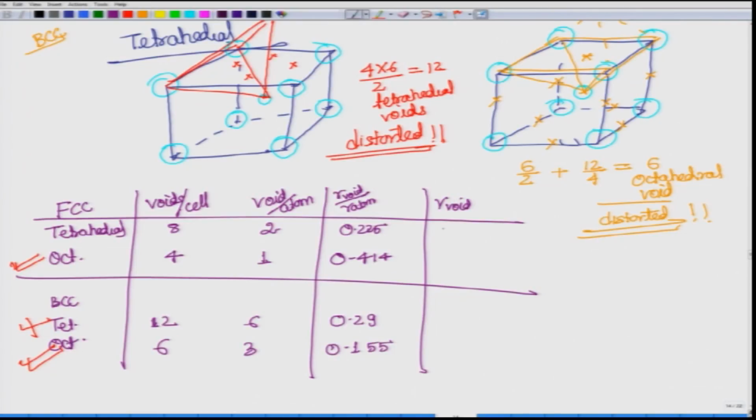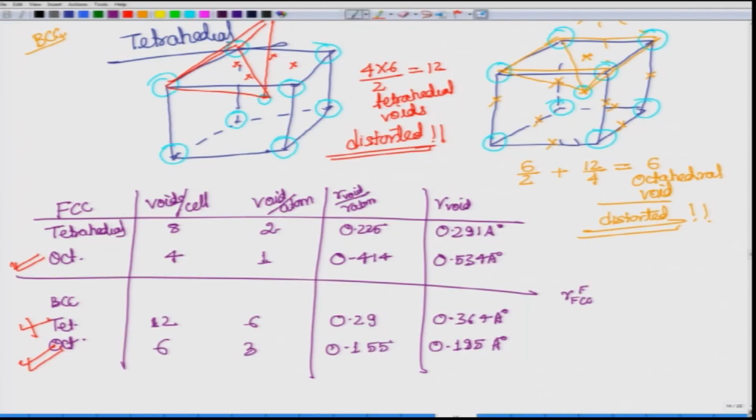Radius of void, so this comes out to 0.291 angstrom, this comes out to 0.534 angstroms. For this one it comes out to 0.364 angstroms. And at this point let me also give you the radius of FCC Fe.